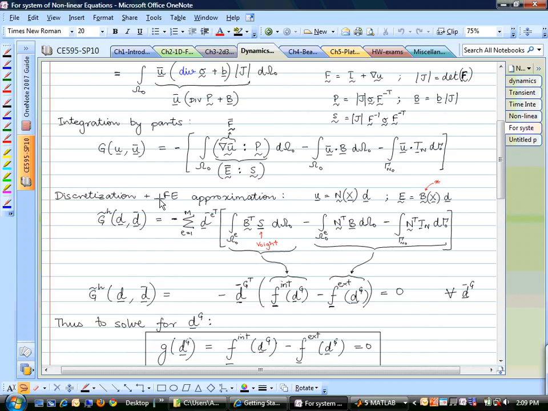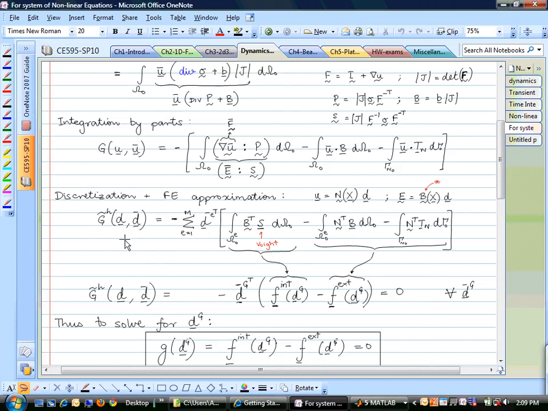When you discretize and use your finite element approximation, we are just using the exact same thing that we did for linear problems. U is equal to N times D. And the Green strain, if you remember from the linear problems, used to be B times D. Here also we get something similar, B times D, but this B matrix is a little more complicated because you have to take care of the higher order quadratic terms.